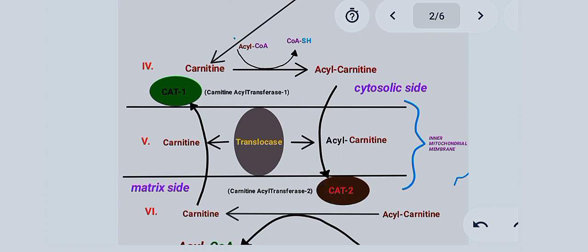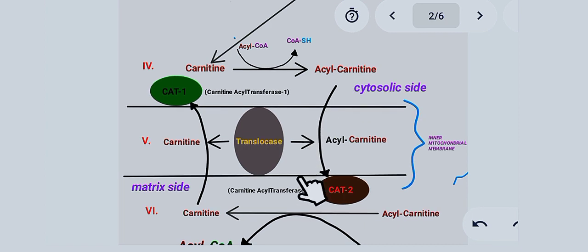Remember what I said earlier, that beta oxidation proper takes place in the mitochondria. So acylcarnitine can cross the inner mitochondrial membrane via a translocase protein. We have a translocase protein in the inner mitochondrial membrane, and it's going to transport acylcarnitine into the mitochondria.